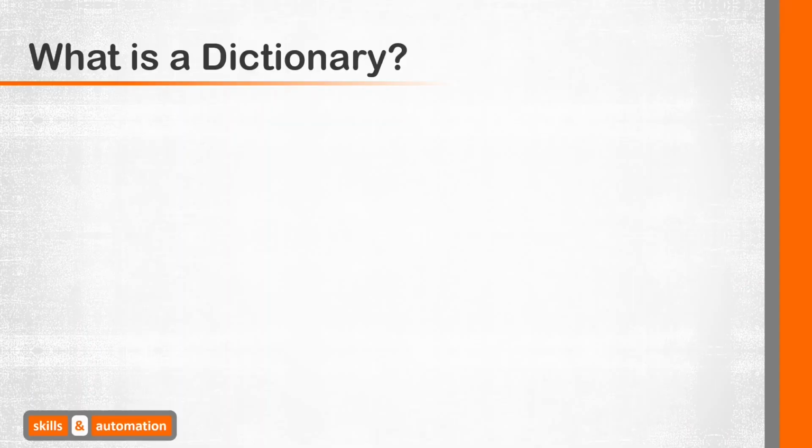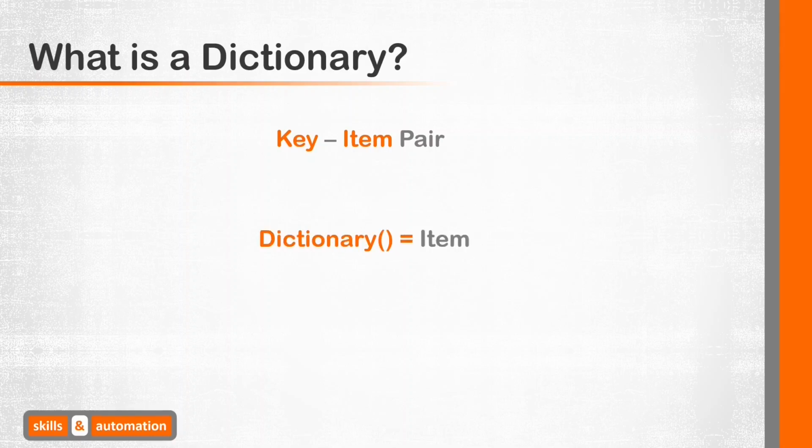A dictionary is a VBA object that holds a list of data in pairs of two, a key and an item. In simple terms, an item is the value we want to store, and a key is the name or reference we want to assign it. And a VBA dictionary can store multiple such key item pairs. This is similar to a real-life dictionary, which is basically a list of words as keys and their meanings as items.